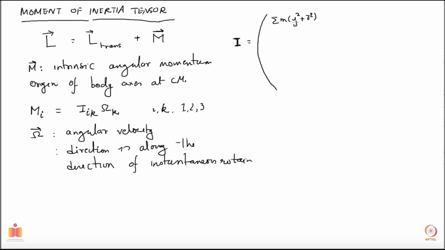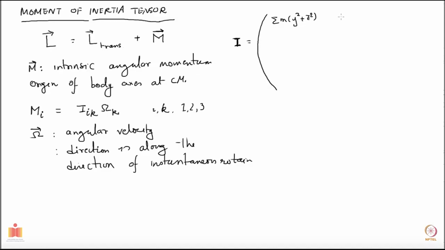And if your body is not made up of discrete particles, which will be mostly the case in which you will be interested, then of course the summation over m is to be taken as an integral over all the mass points. So you imagine a uniform density, let's say, for your body, mass density, and then you integrate over all the body.